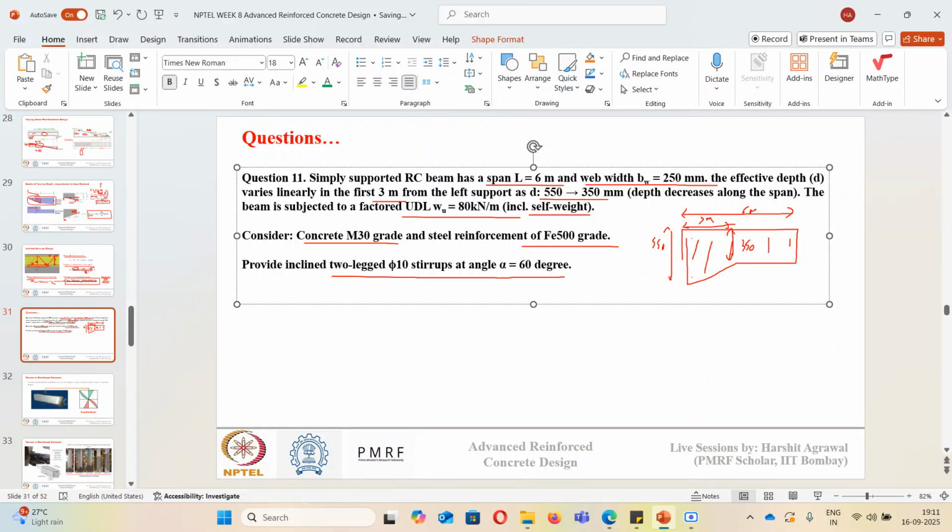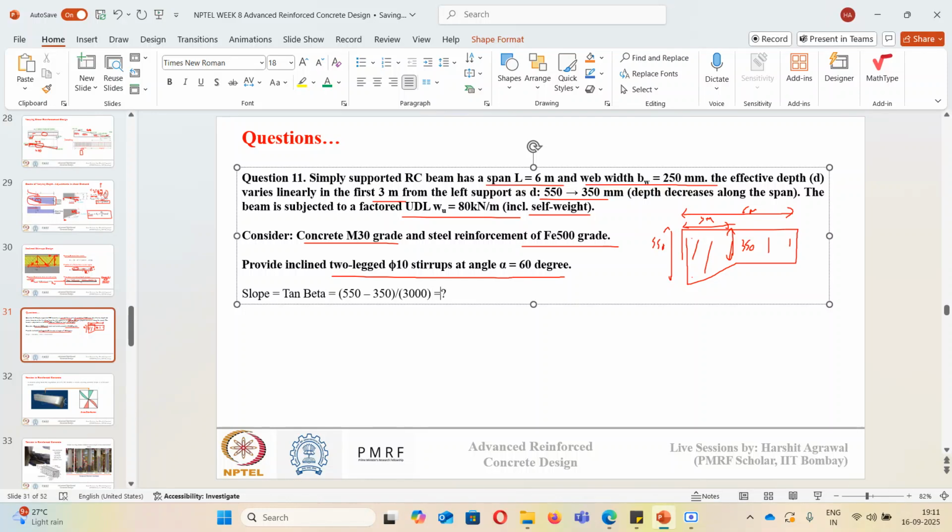First of all, I need to estimate the slope, this angle beta. The slope will be given by tan beta, which is nothing but the change in depth, 550 minus 350, over the length over which the depth is changing, which is 3 meter, so 3000.